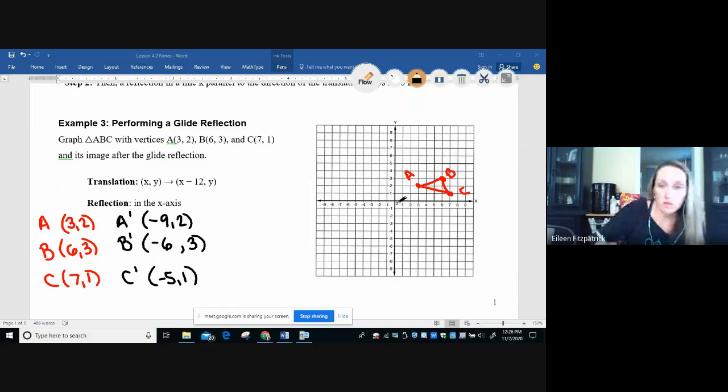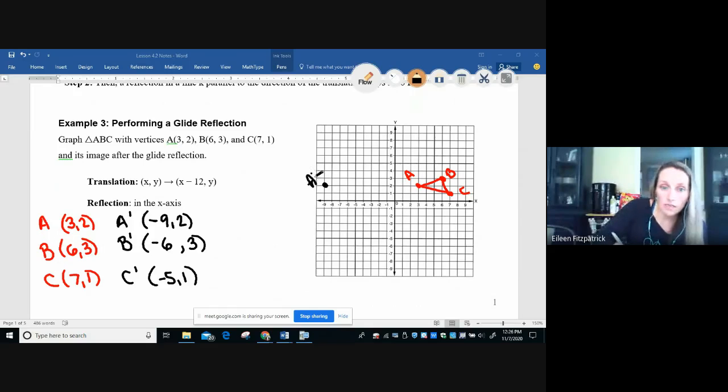So I'll plot those points first. And you could just, of course, come up here and count as well if you didn't want to do the algebra down below. So if I'm subtracting 12, moving 12 units to the left, 1, 2, 3, 4, 5, 6, 7, 8, 9, 10, 11, 12. So -9, 2 is what we said, and there it is.